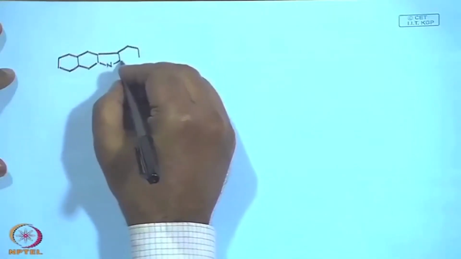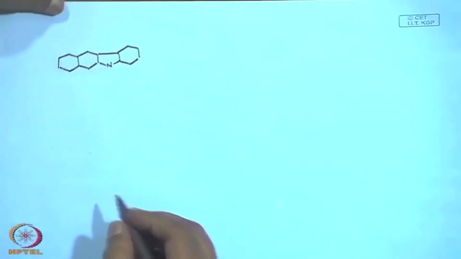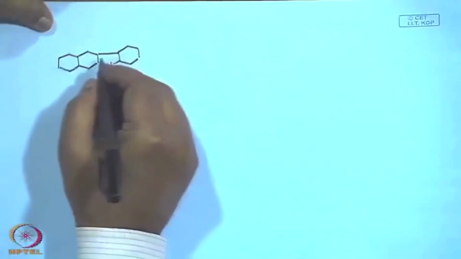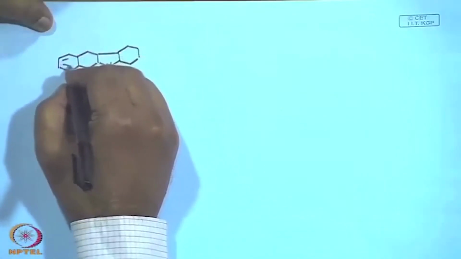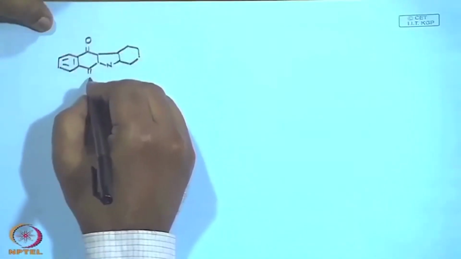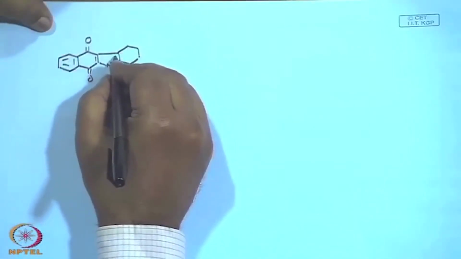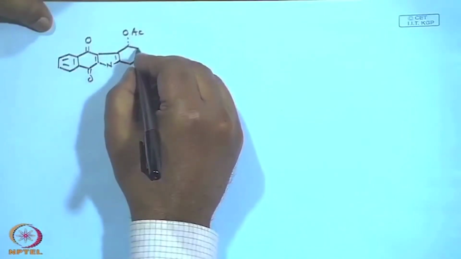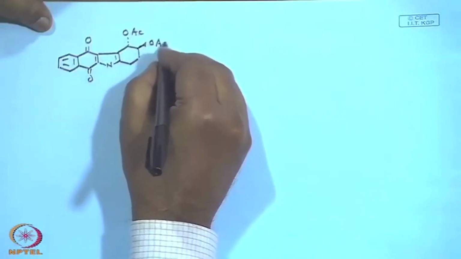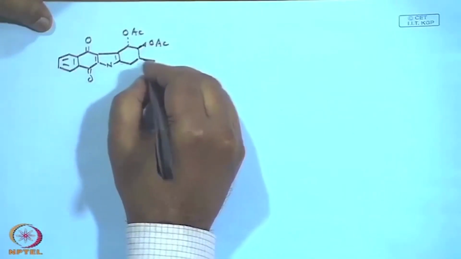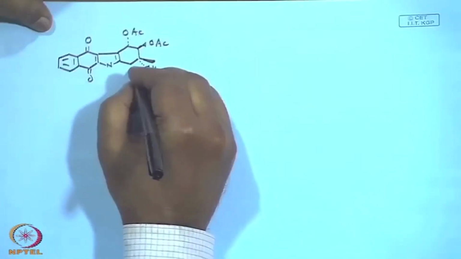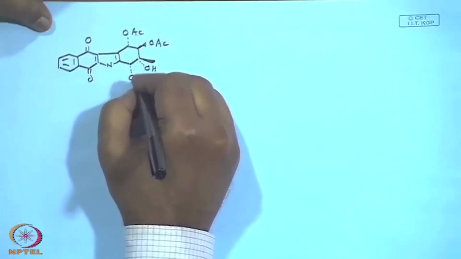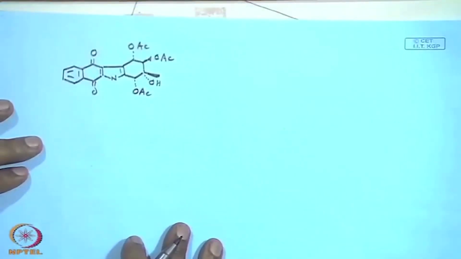It's a pretty big structure though, and then you have this quinone moiety, and then you have double bonds, then you have OAc, and here also one OAc. Likewise a methyl group, it is a beta methyl group, then a free hydroxy OH group.